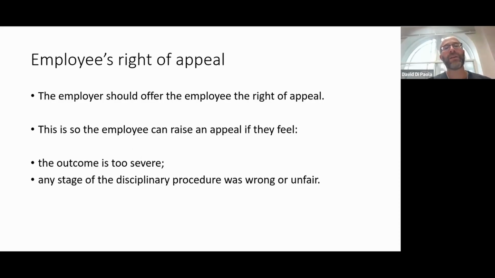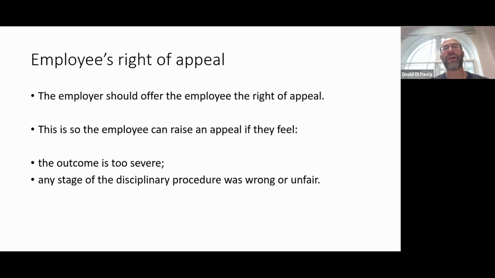If an employee has a right of appeal, they have to have what we determine as appeal grounds. For instance, are the outcomes too severe? An example of that might be, I was dismissed, I should only have been given a written warning, that wasn't appropriate. Also, if they think the procedure was wrong or unfair.